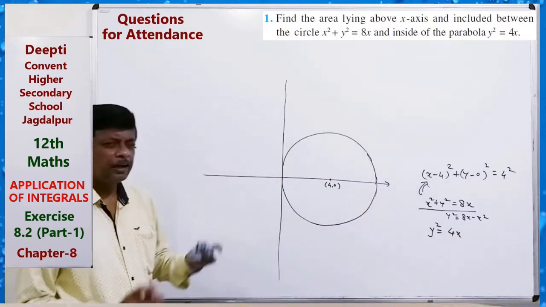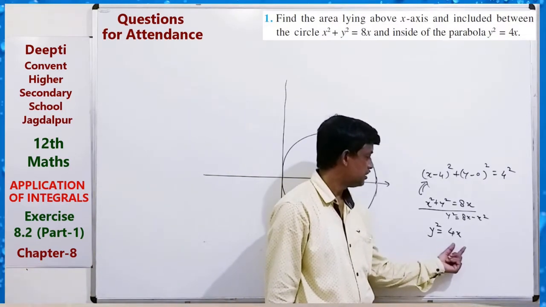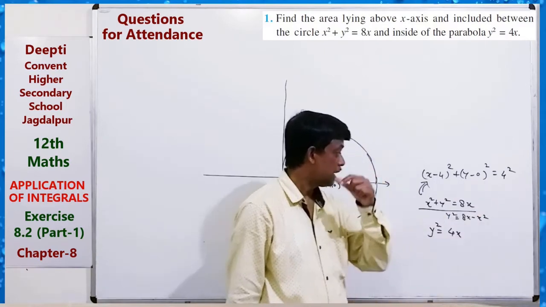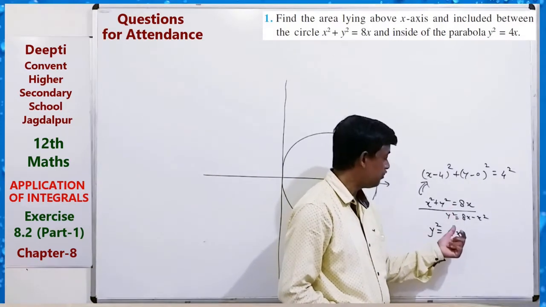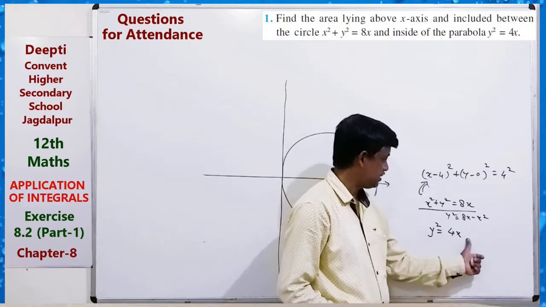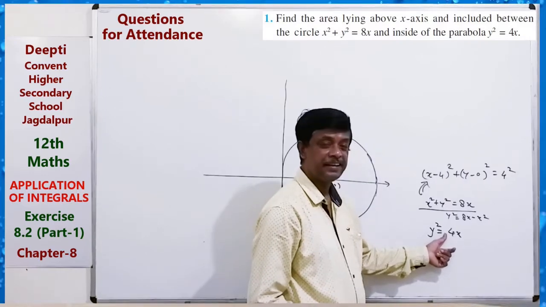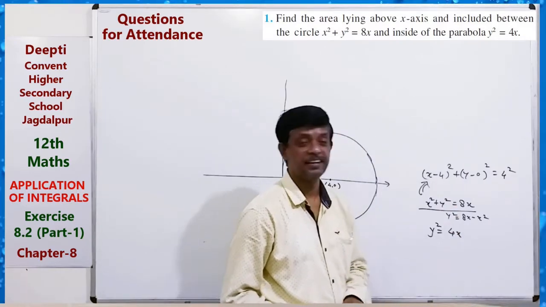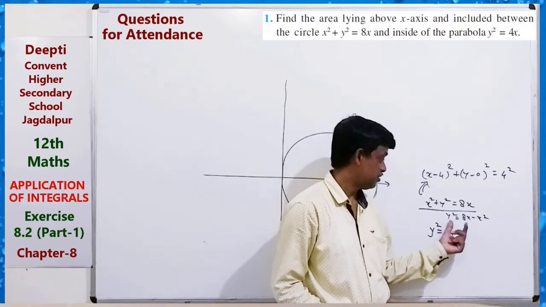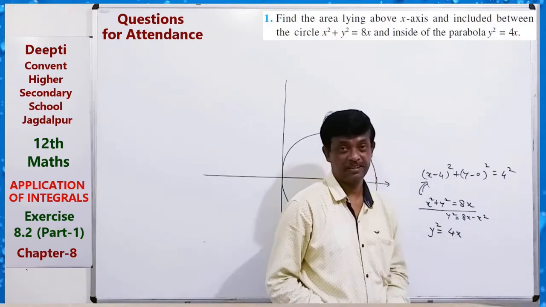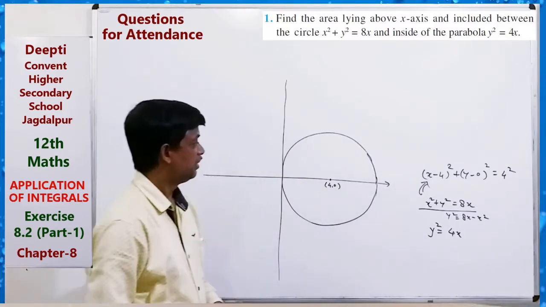Roughly, the value of this is less than the circle, because for 4x only y square equals that, but here y square equals 8x minus something.